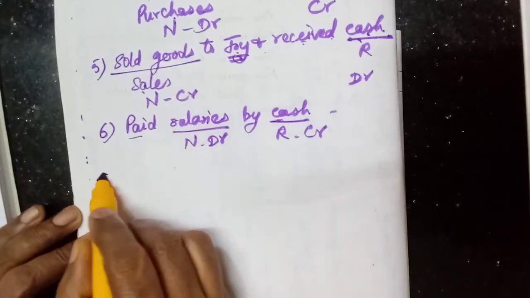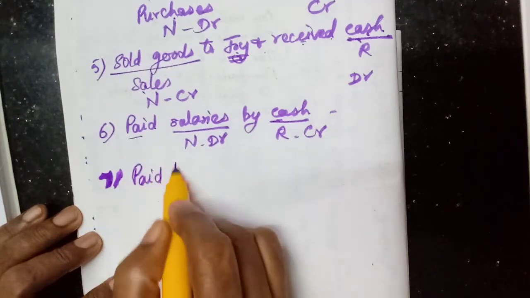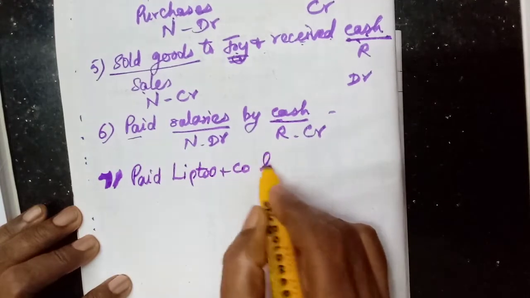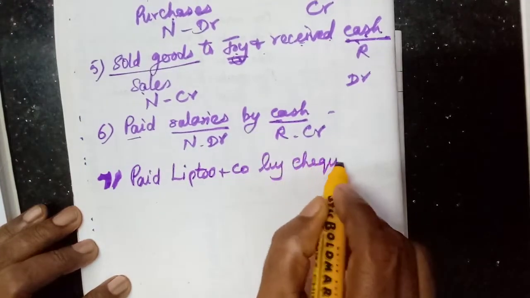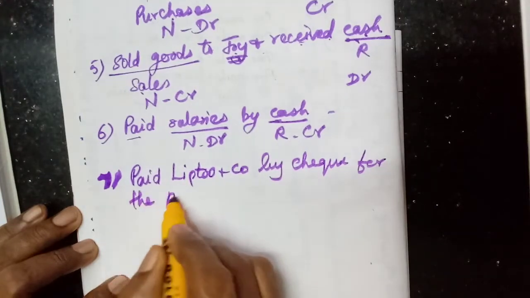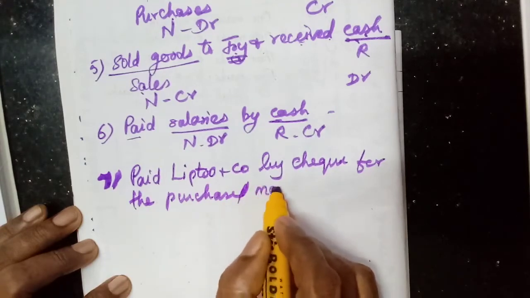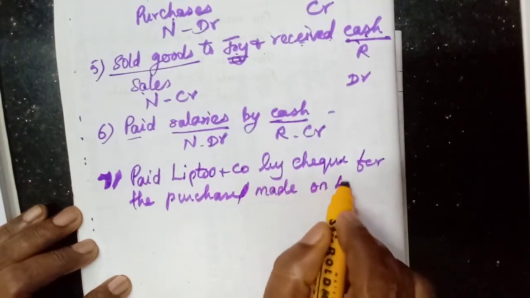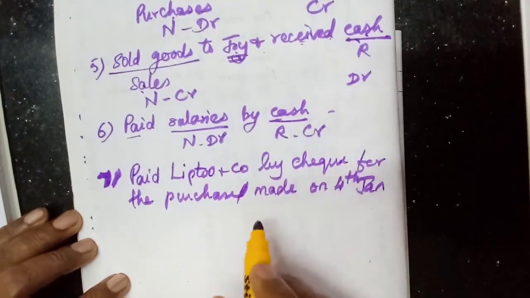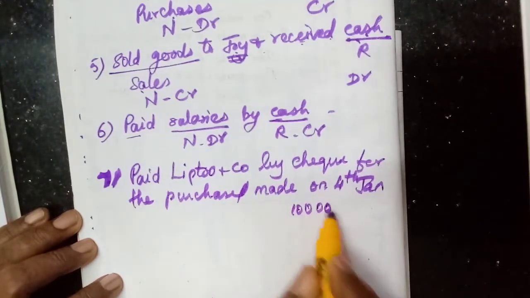Now the seventh one, paid Lipton and Co. by check for the purchase made on 4th January. 4th January we made purchases for 10,000 because here amount is not given.